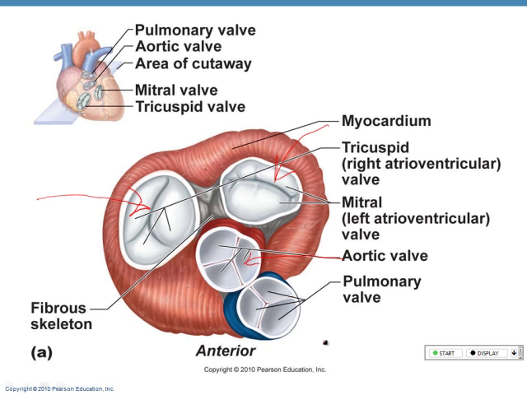And then we also have one that's leaving the right ventricle, going to the lungs. So it's between the pulmonary arteries and the right ventricle. It's called the pulmonary valve or the pulmonary semilunar. Not the tricuspid, those are atrioventricular valves. The pulmonary semilunar valve. Yes? Everybody with me?